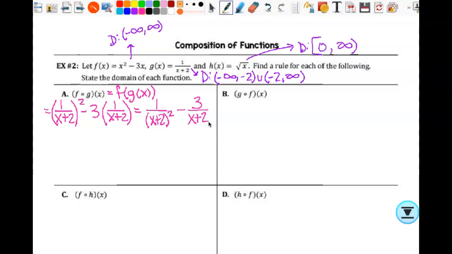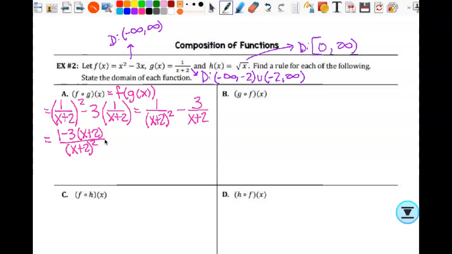Now I have two fractions. I need to put them into one fraction, which means I need a common denominator. What would my common denominator be? X plus 2 squared. Good. So if my common denominator is x plus 2 squared, then the first numerator is fine like it is, right? But then this fraction, I have to multiply by x plus 2 over x plus 2. So that's going to be minus 3 times x plus 2.